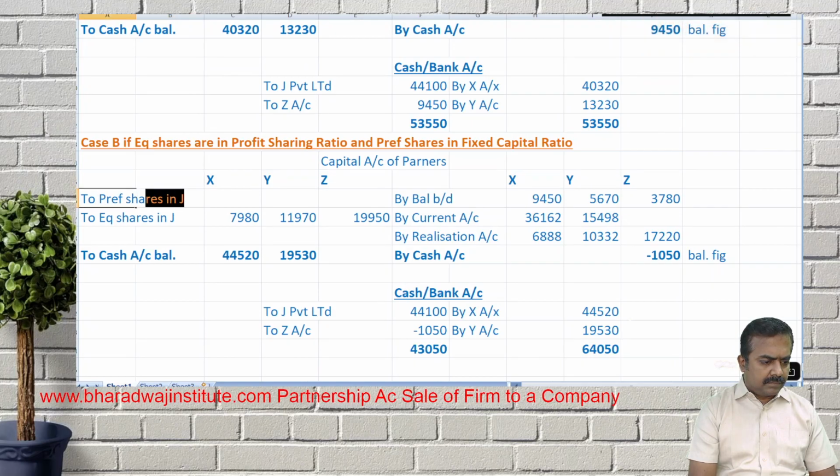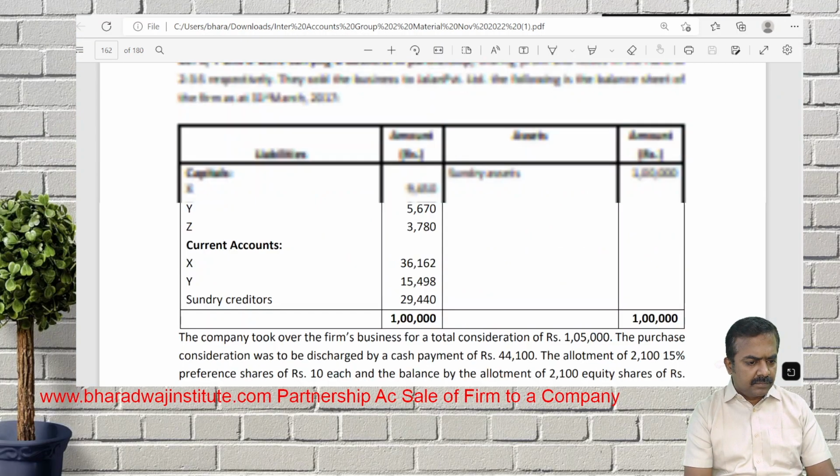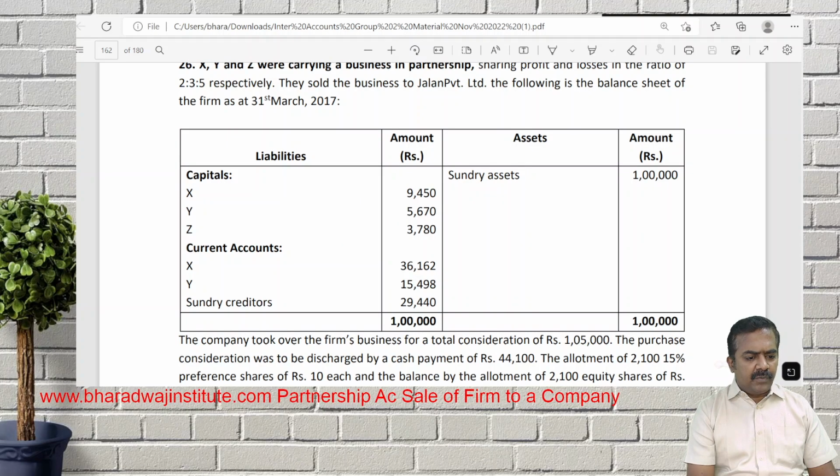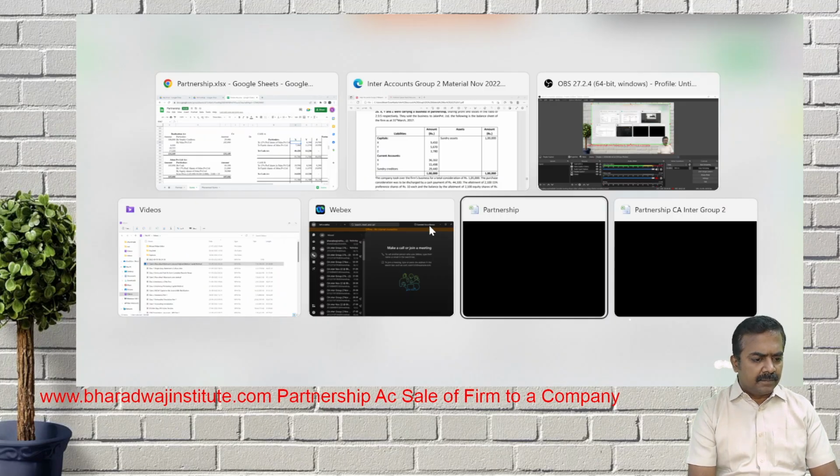Preference shares in which ratio? Capital ratio. What is the ratio of capital? 945 is to 567 is to 378.